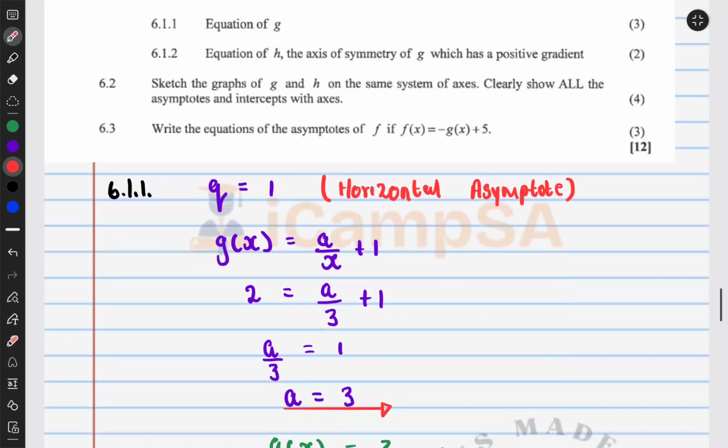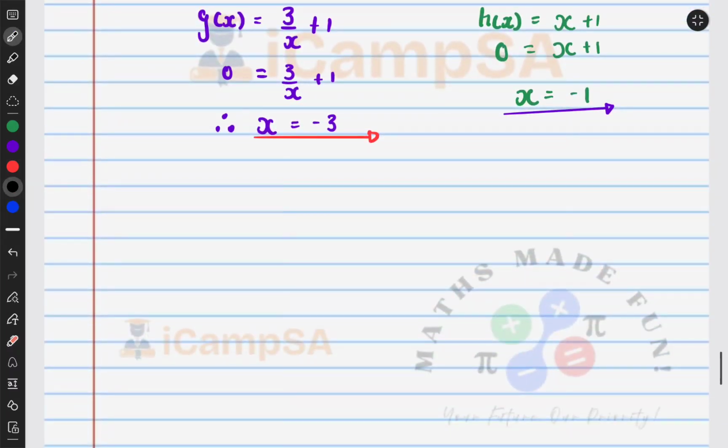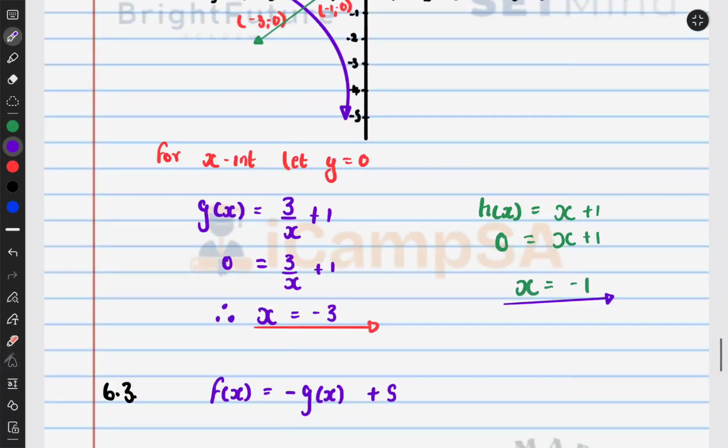So it has been reflected about the x-axis, and it has also been shifted 5 units upwards. So for 6.3, we have been given that f(x) is equal to negative g(x) plus 5.